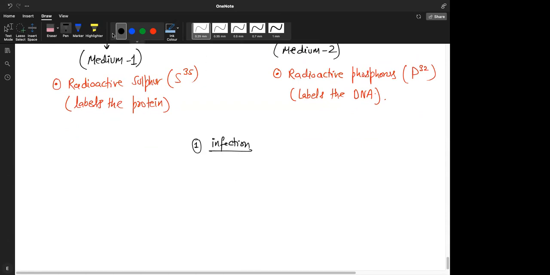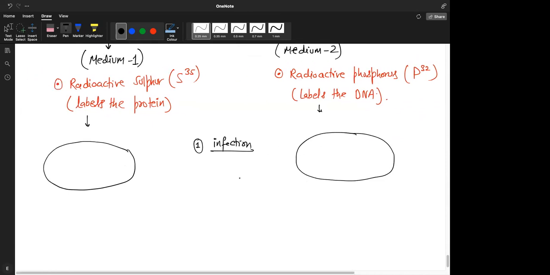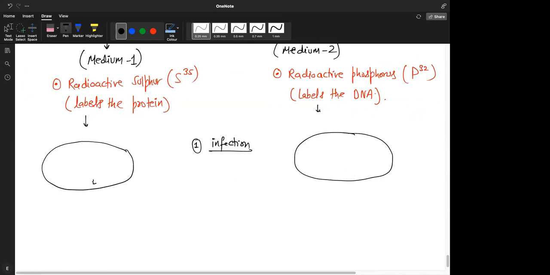Let's take two bacteria here, in this medium one bacterium, and in this medium also there are bacteria. I'm just making one representative. This is an E. coli bacterium.